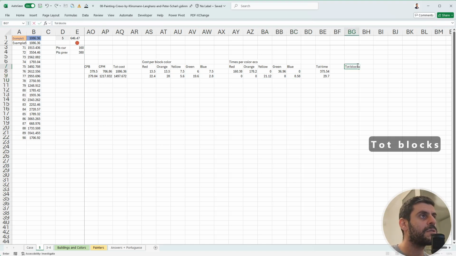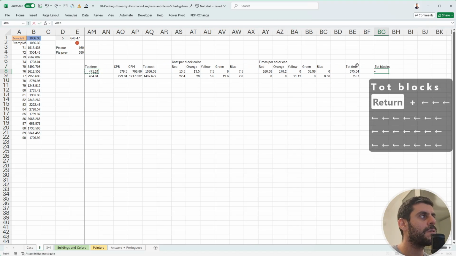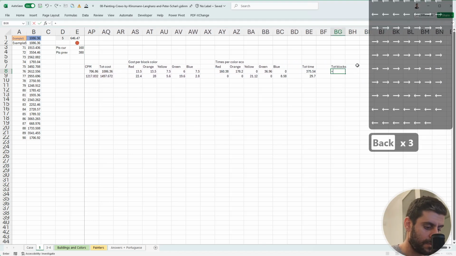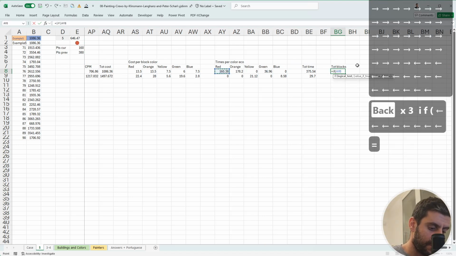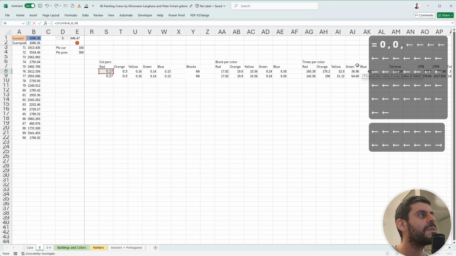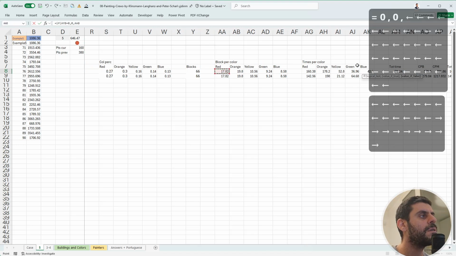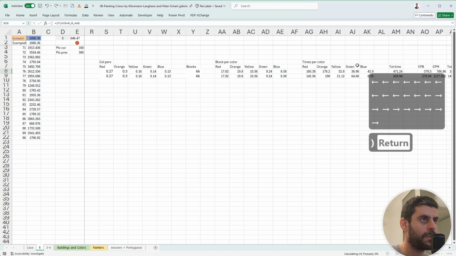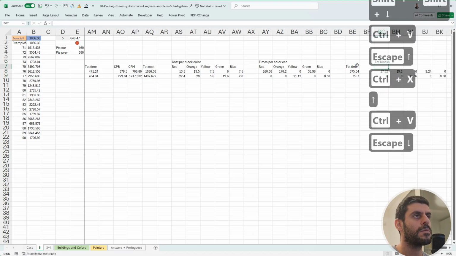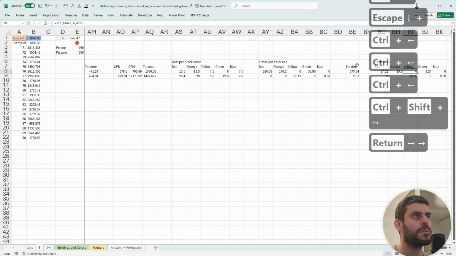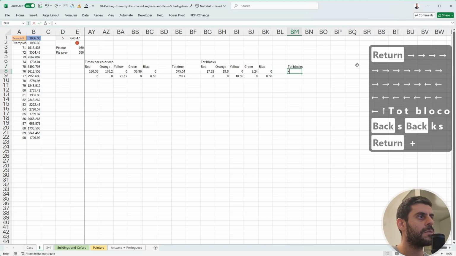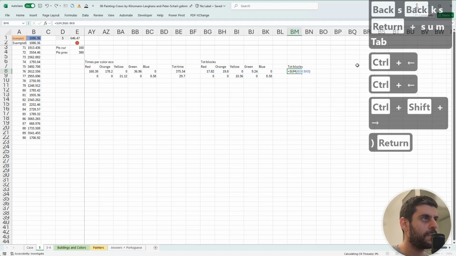Dot blocks, if this equals 0 then 0, otherwise the blocks are here. Dot blocks, sum of this.